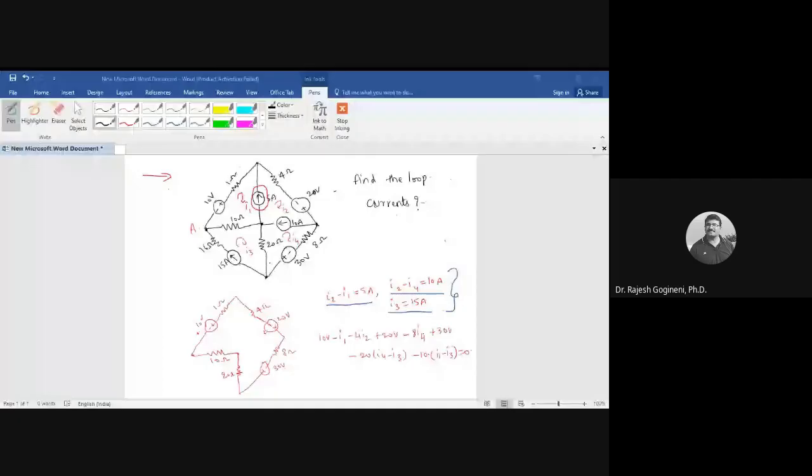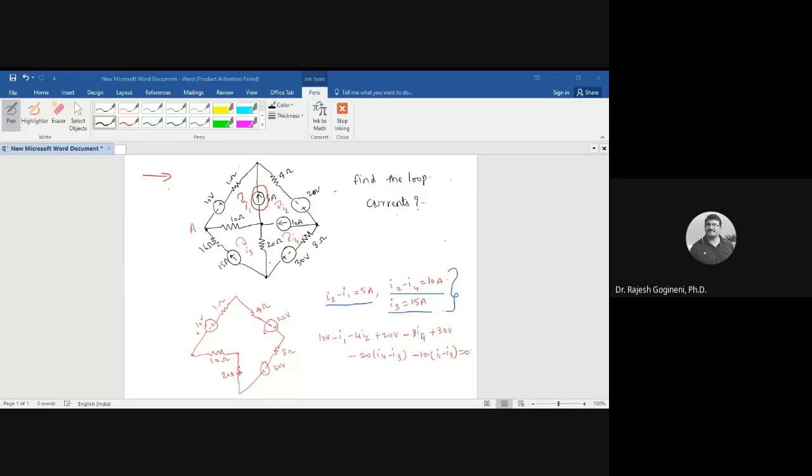What we have discussed in the last class? Where we stopped the last class? Source transformation is over, and examples for the source transformation. I think we are discussing this problem.